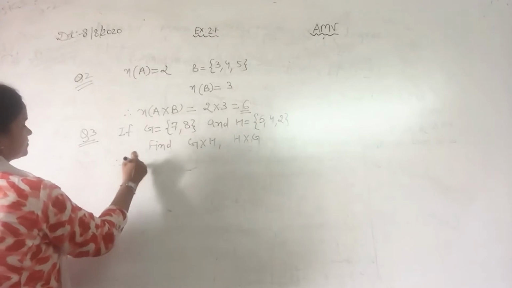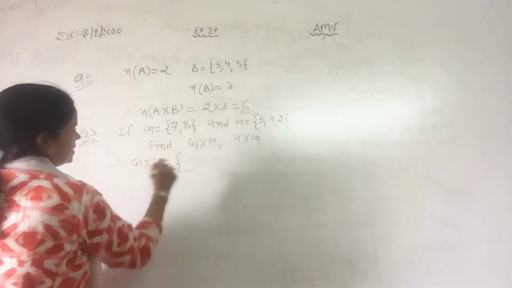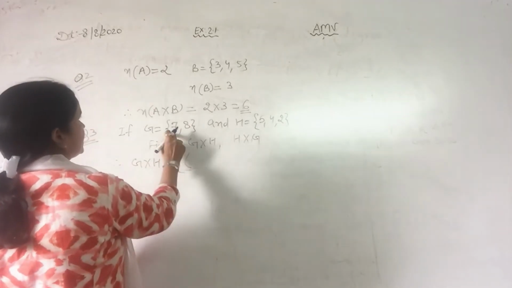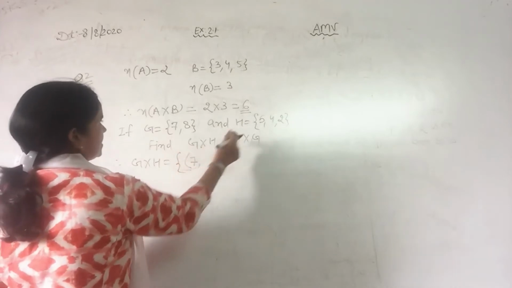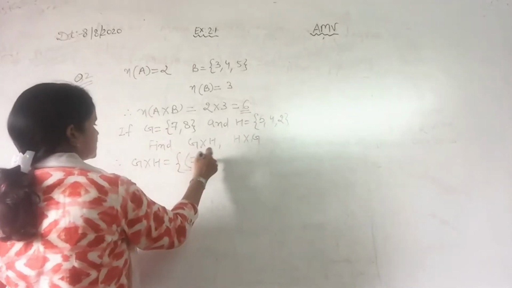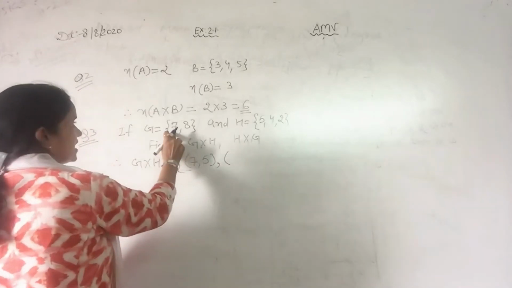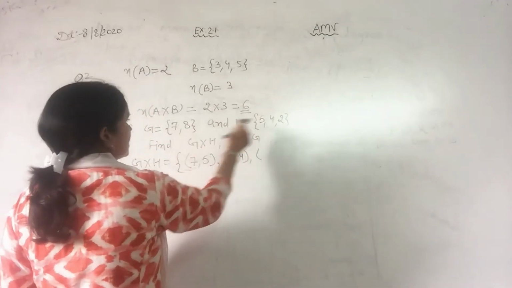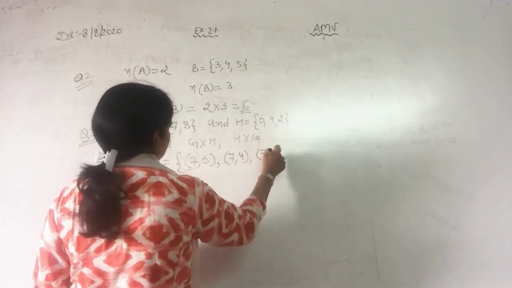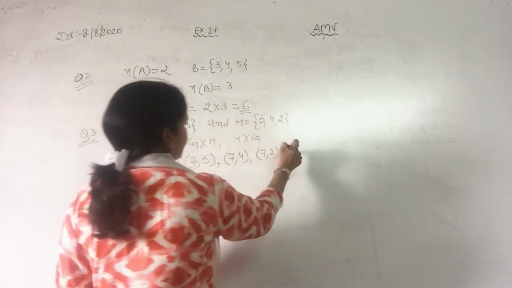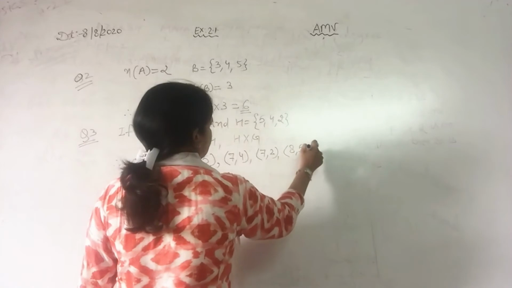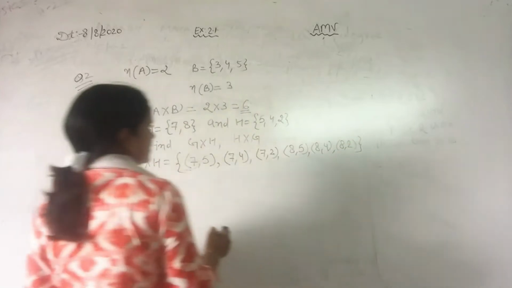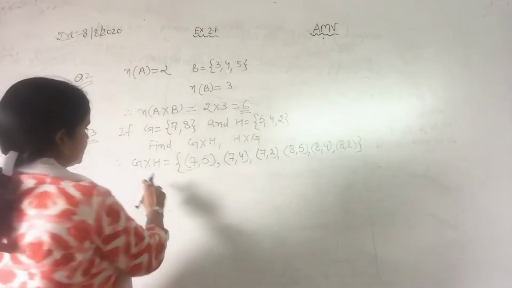So for G×H, write the ordered pairs, first element from G. Here the first element is 7, so write 7 and from H the first element is 5: (7, 5). Second element (7, 4). Third element (7, 2). And now write (8, 5), next (8, 4) and (8, 2). This is the Cartesian product G×H.